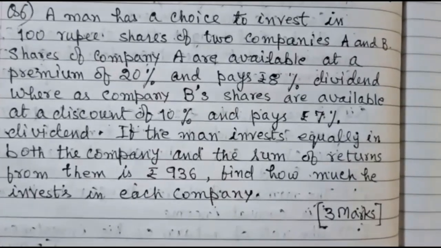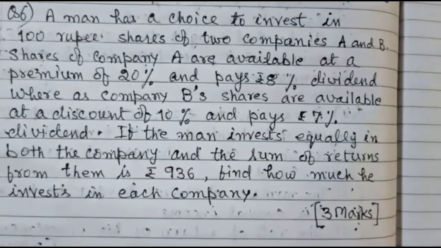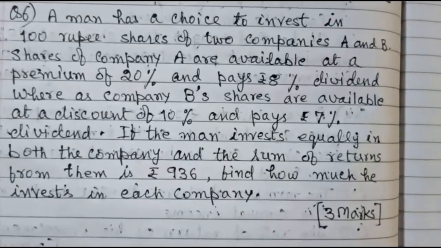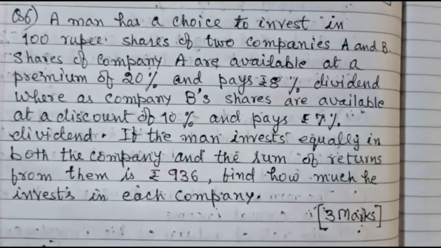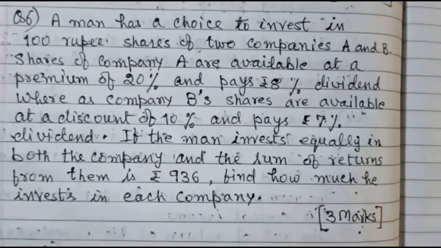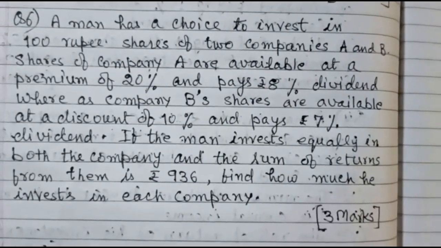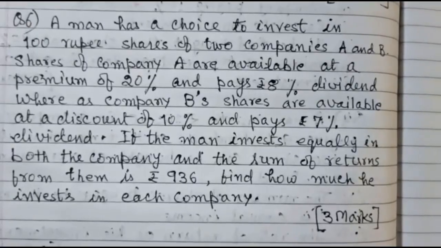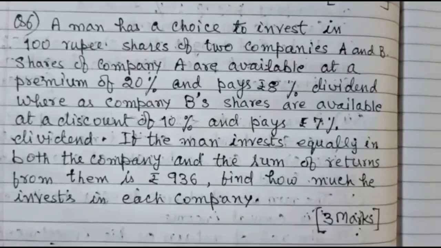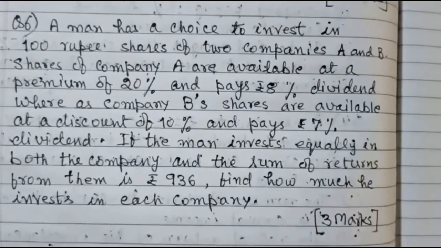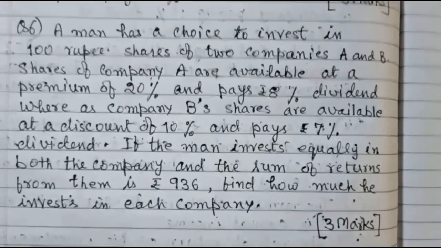If the man invests equally in both the companies and the sum of returns from them is rupees 936, find how much he invests in each company. This also carries 3 marks.